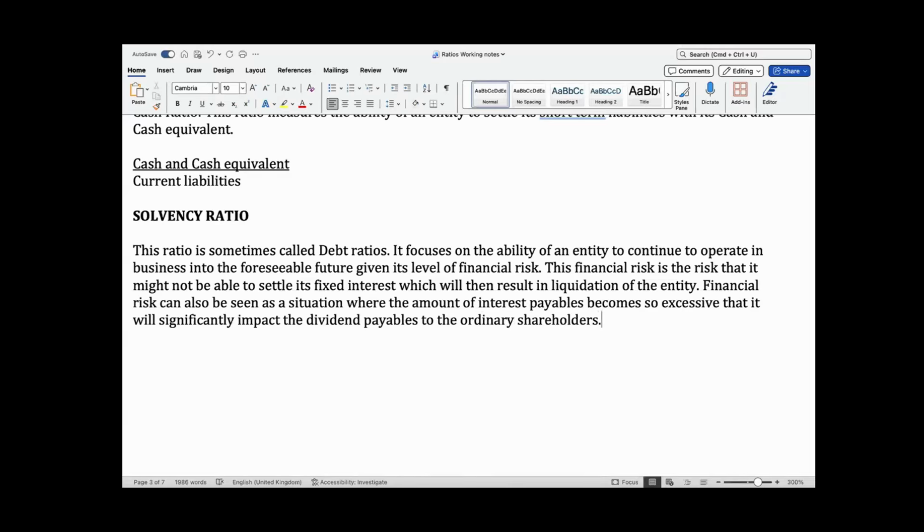And when the ordinary shareholders are not happy with a company, it will show in their share price.